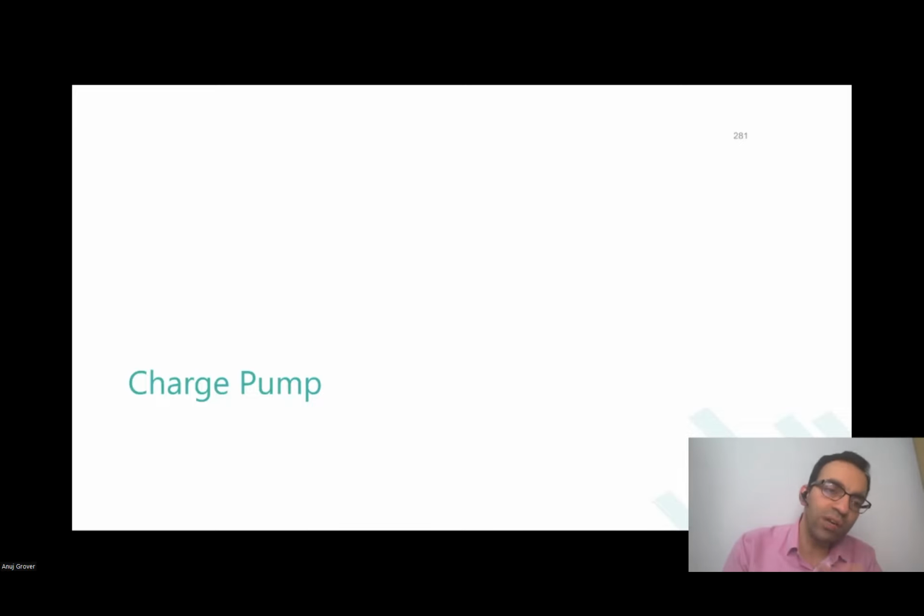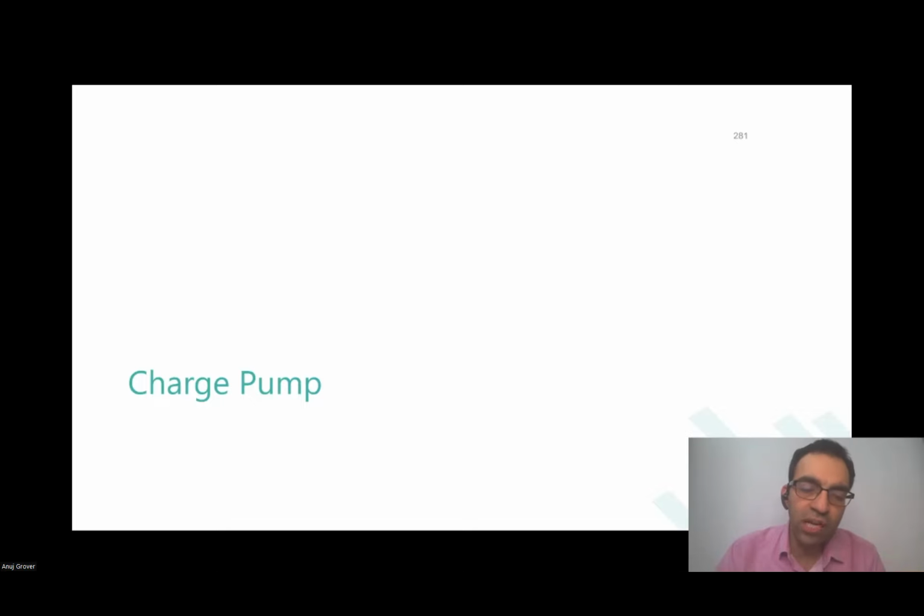Now, those of you who are working on the negative word line, negative bit line driver, can you sense something? What could a charge pump look like? Some circuit with a capacitor. There is a capacitor which stores charge, and then that charge is pumped onto another capacitor, due to which the voltage between the plates of the other capacitor rises very much.